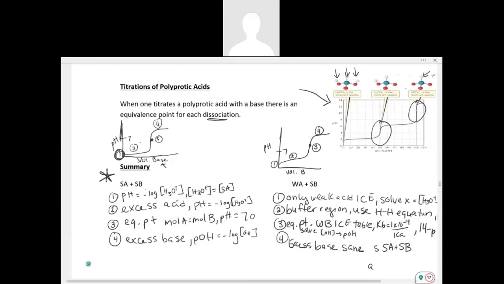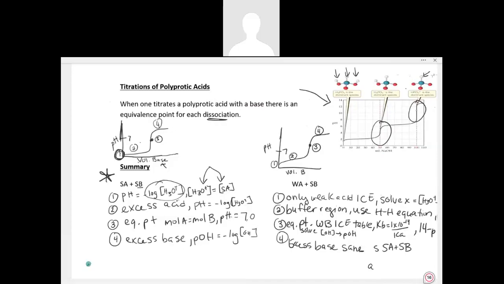We have not added any base yet, so it's only the acid that we have to consider when we calculate pH. With a strong acid, the hydronium ion concentration is equal to the concentration of the strong acid. To solve for pH, we just take the negative log of that acid concentration.